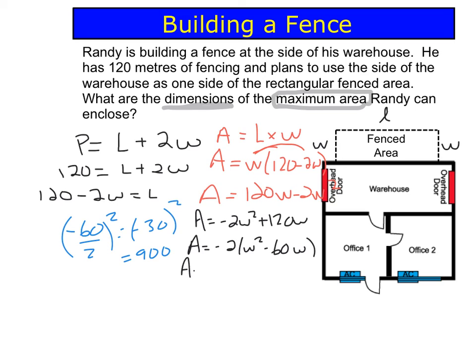So area equals negative 2, bracket W squared minus 60W plus 900 minus 900.